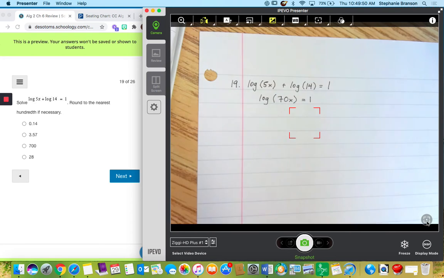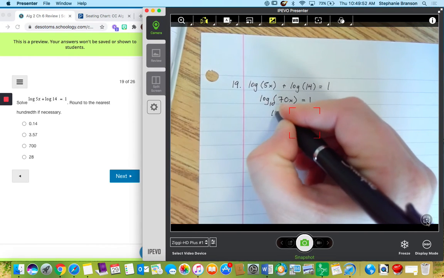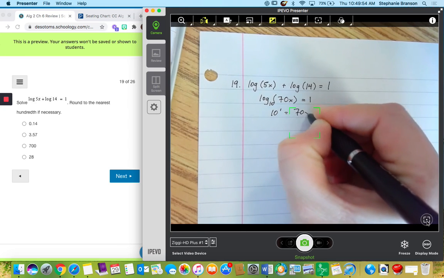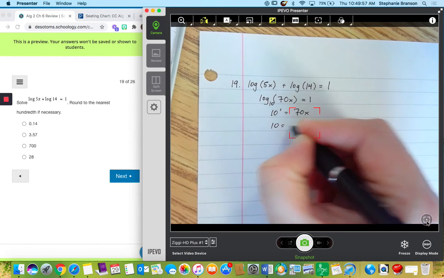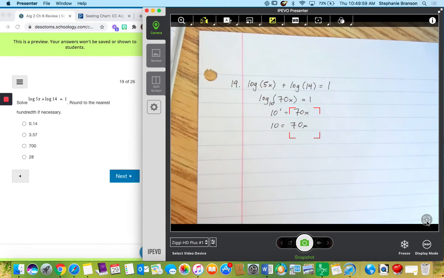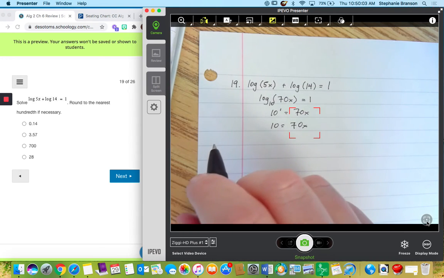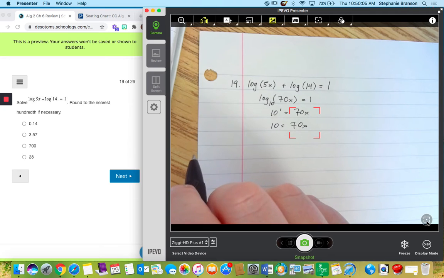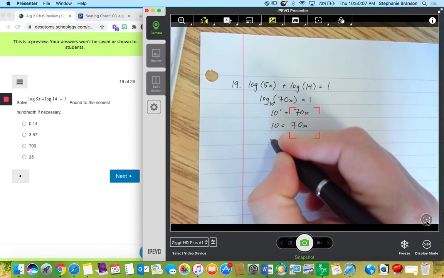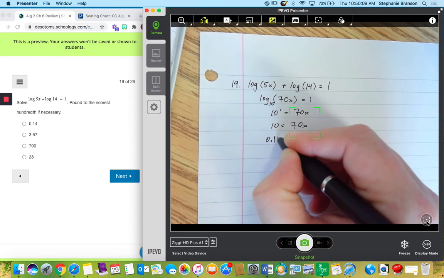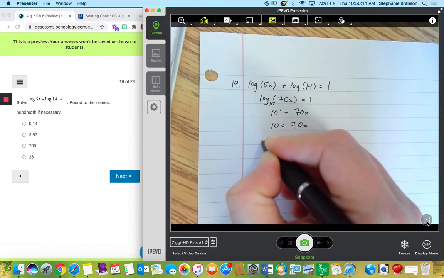Now we've got an understood 10. 10 to the first power is 70x. So 10 is equal to 70x. 10 divided by 70 to the nearest hundredth would be 0.14 is equal to x.